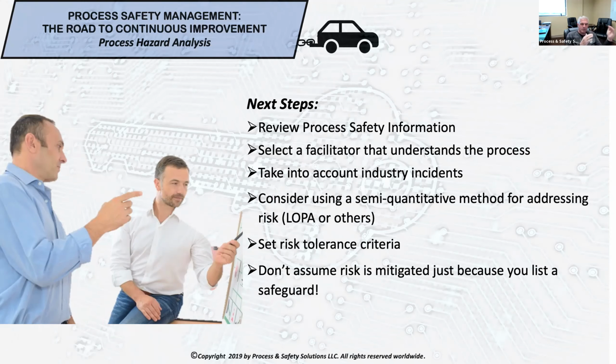So just to address those things and best practices again, review your process safety information. I always suggest that people pull a couple of pages out of your PHA, grab some of the safeguards, and go out there and ask the question, do we have the process safety information for that safeguard?